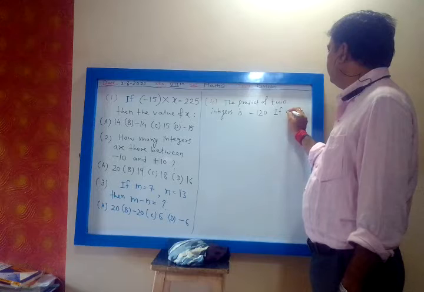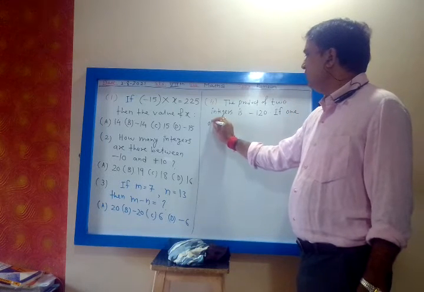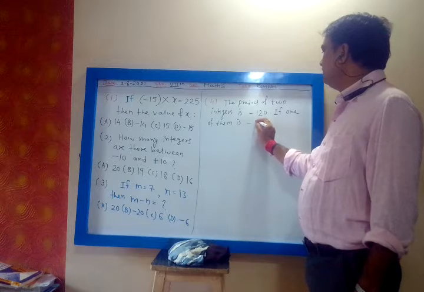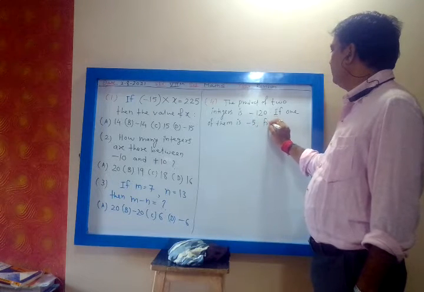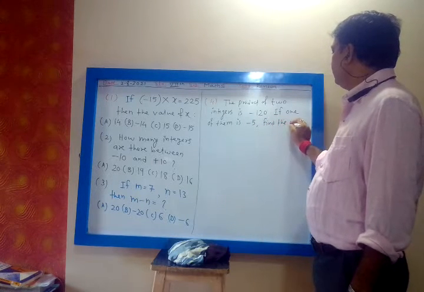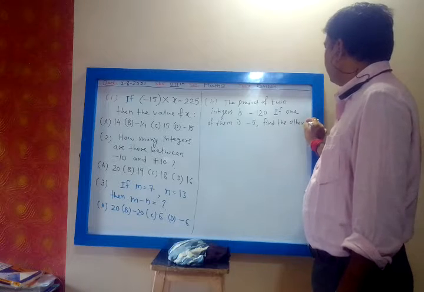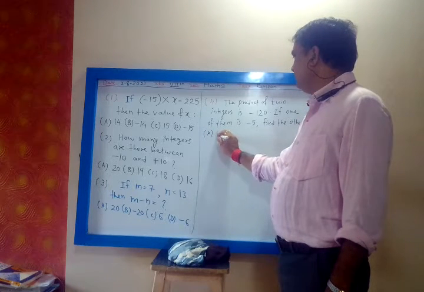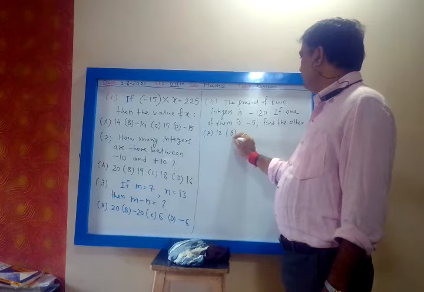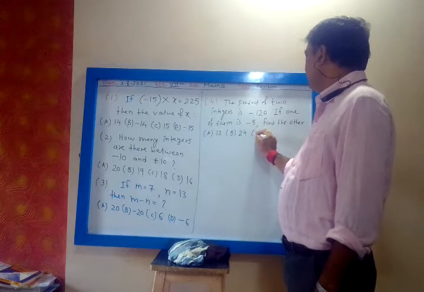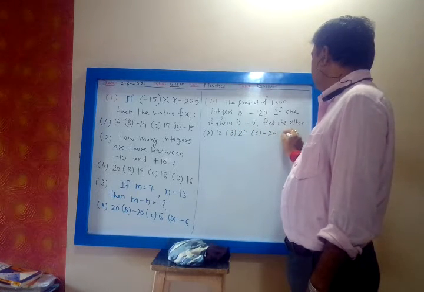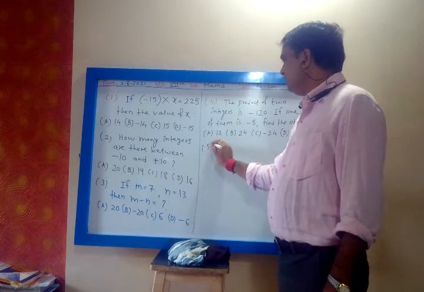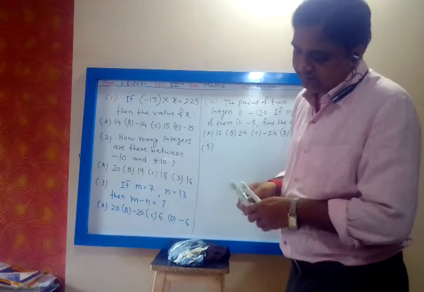If one of them is minus 5, find the other. Option A is 12, B 24, C minus 24, D minus 12.